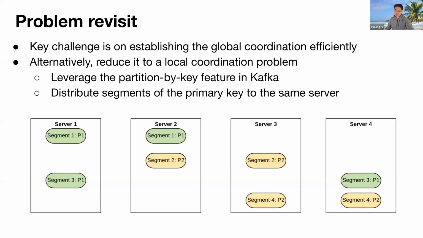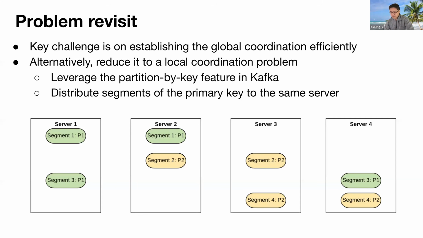So let's take one step back and see what's the fundamental challenge we want to address in this problem. To some extent, the key challenge is to establish the global coordination. For people who are familiar with distributed systems, this is actually a pretty fundamental challenge to any distributed system. For this global state management or control, basically there are two ways.